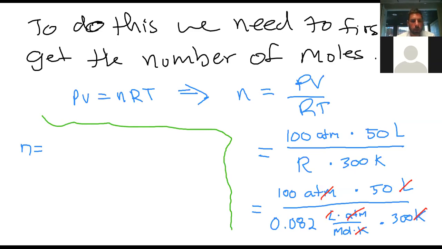But let's just go to a calculator and bang it out. My calculator is disappearing on me. Let me get back here. However you do your arithmetic, that's up to you.